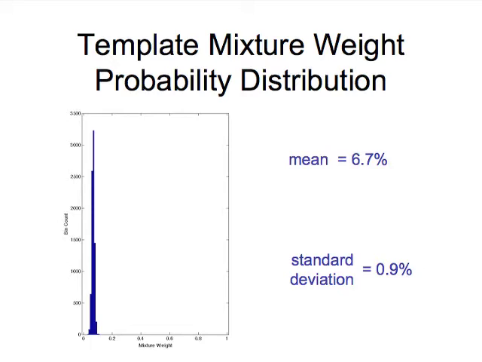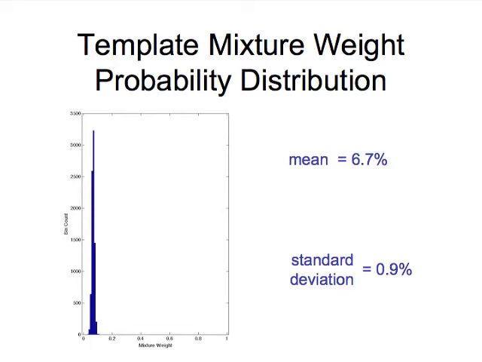Once you've computed the mean and the standard deviation of a set of numbers, in this case mixture weight estimates at each locus, you have described a probability distribution. In this case, the probability distribution of the template mixture weight. The mean is the central location here at 6.7%, and the standard deviation describes the breadth or dispersion away from that central tendency, which in this case is under 1%.